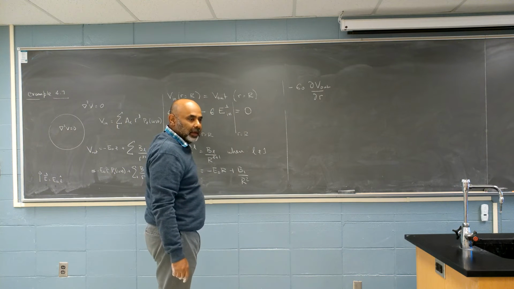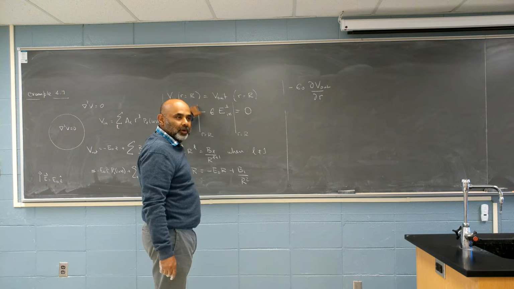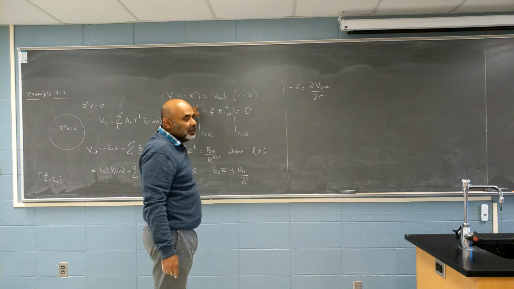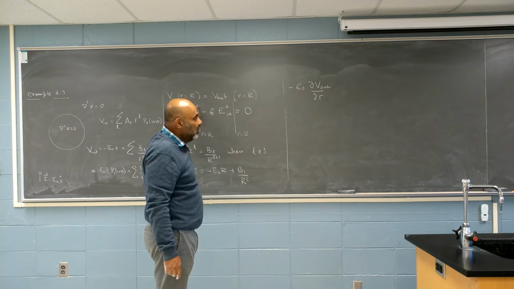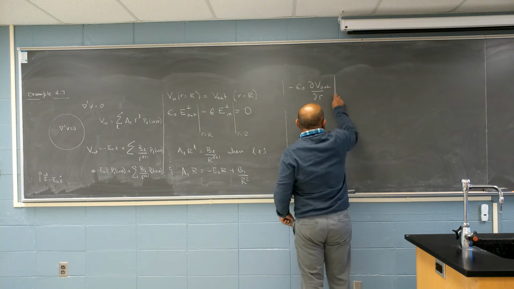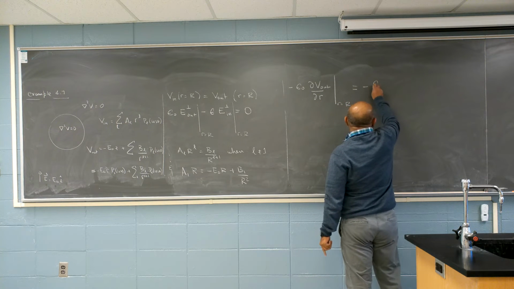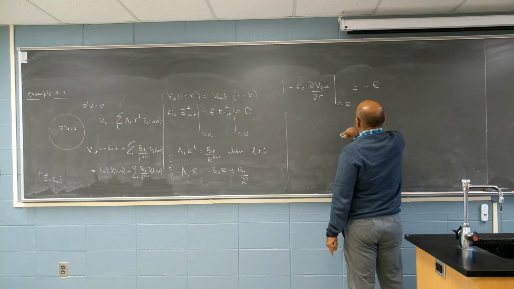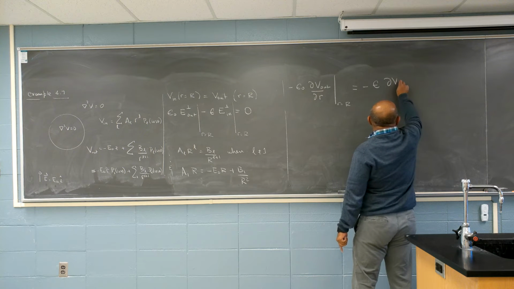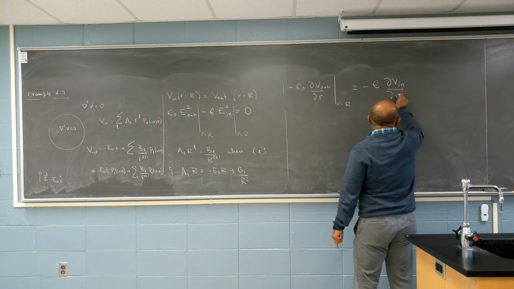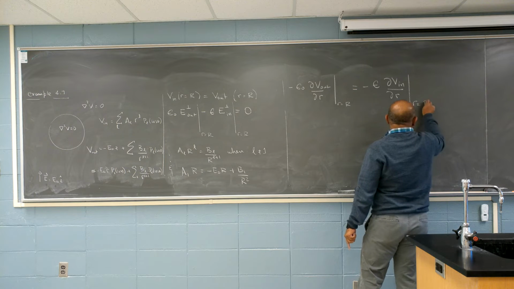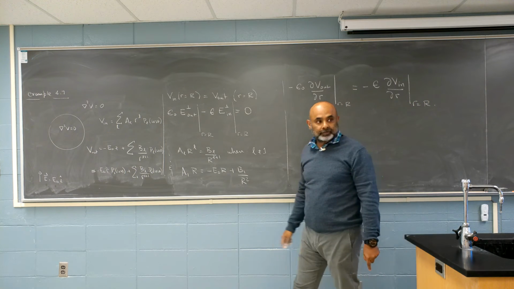What is the perpendicular component? The radial component. And what's the radial component of the gradient? Just partial with respect to r. At r equals R, this should be equal to minus epsilon, no longer epsilon naught, dV in dr, at r equals R.